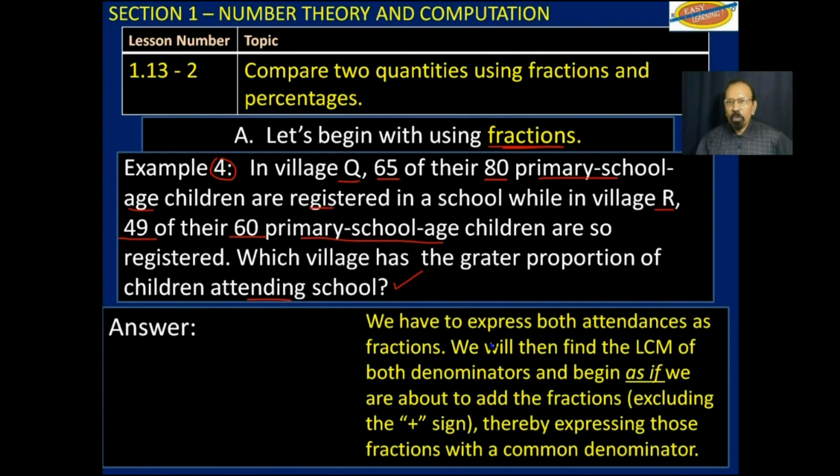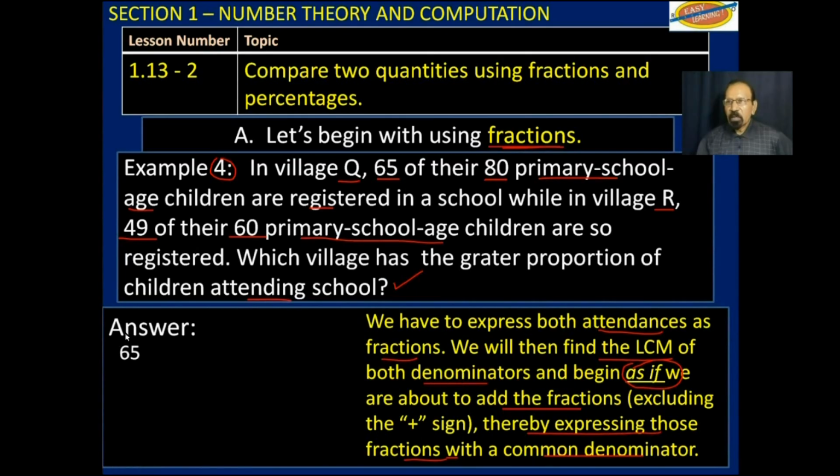So we express both attendances as fractions. We will then find the LCM of both denominators as if we are about to add the fractions, thereby expressing those fractions with a common denominator.